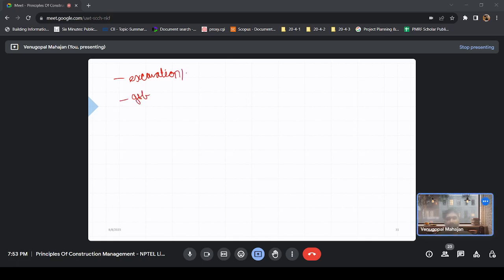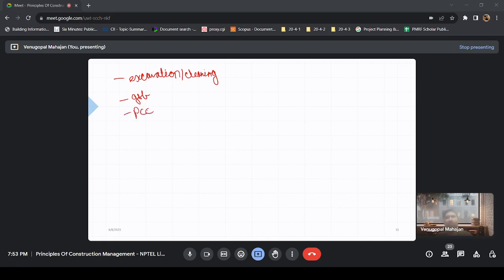Before granular base, providing the PCC. Sir, would PCC be on the soil or on the GSB? On the GSB. So PCC would come after this, right? Yes.